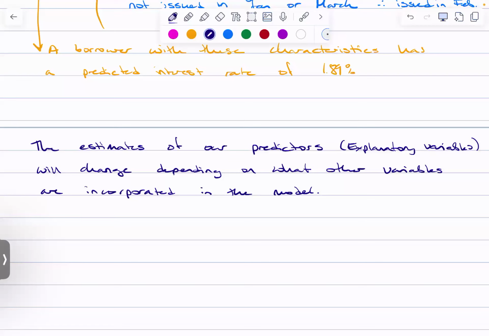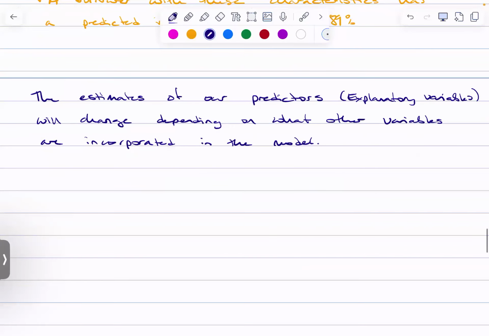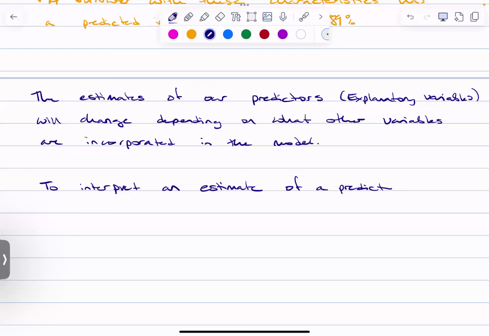But this links back to our interpretation of each of these estimates. And so to interpret an estimate of a predictor, what we're going to say is we have to hold all the other predictors steady, right?